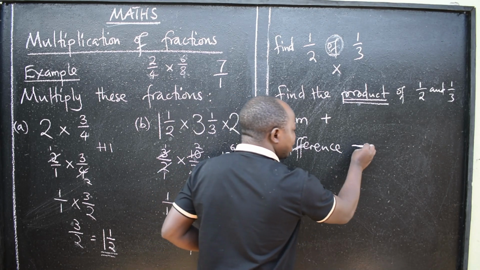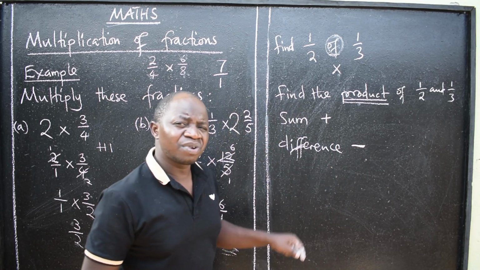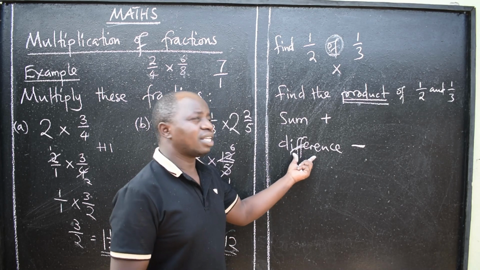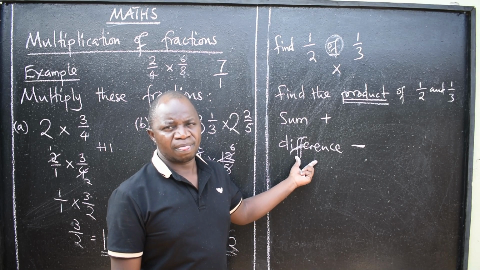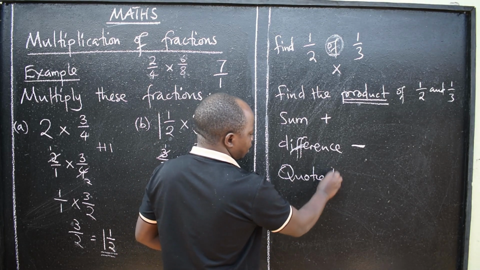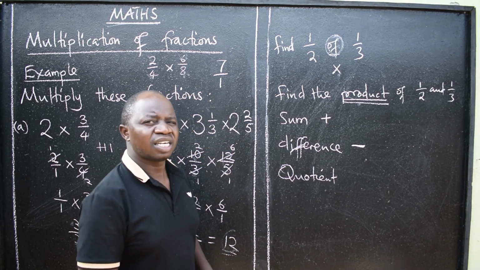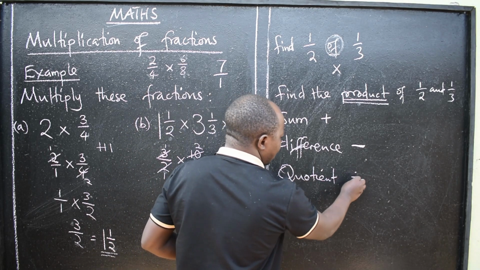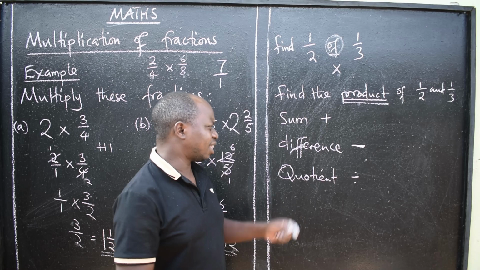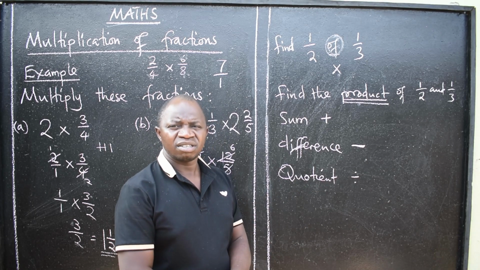The answer you get after you subtract, it is called the difference. When we use the word quotient, it means divide. The answer you get after you divide, that is the quotient.